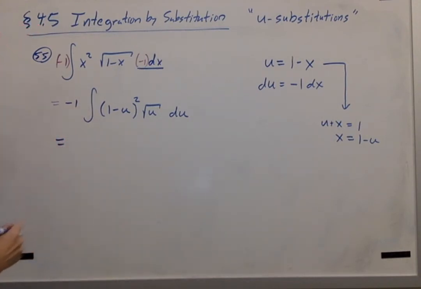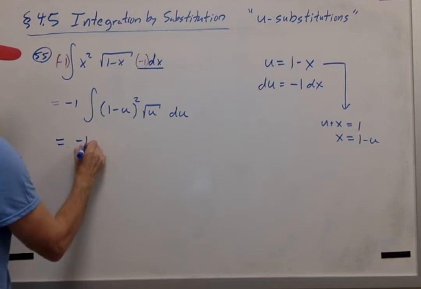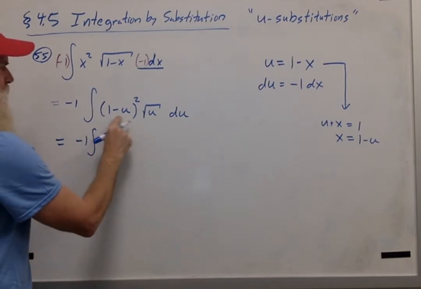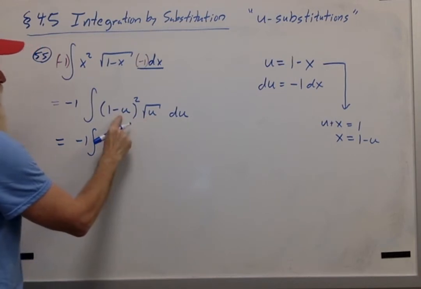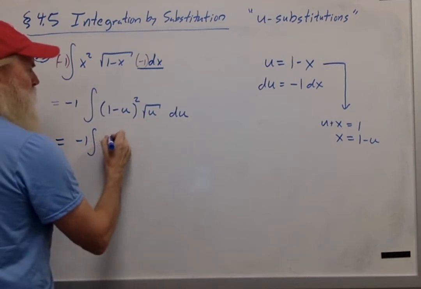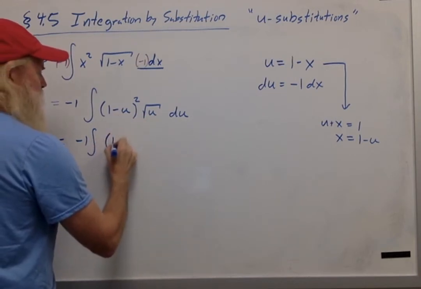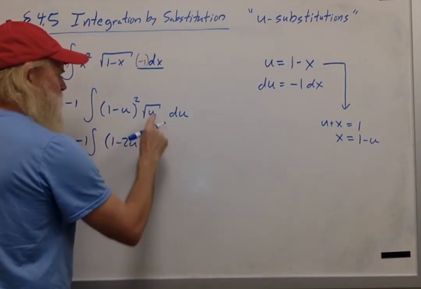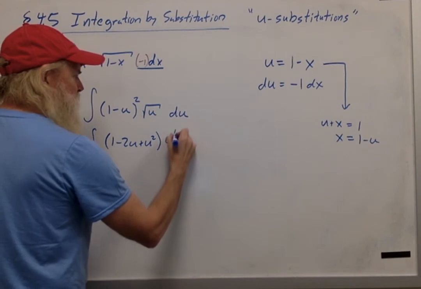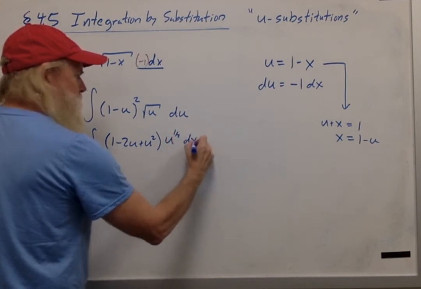Now, just like in problem number 53, we want to expand this out and then eventually distribute the square root in. So first of all, let's take 1 minus u and square it. That's 1 minus 2u plus u squared. And the square root of u I can write as u to the 1/2 power.